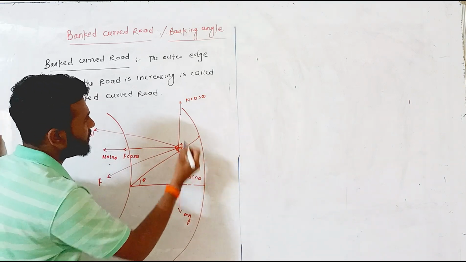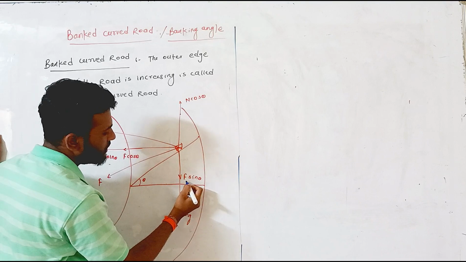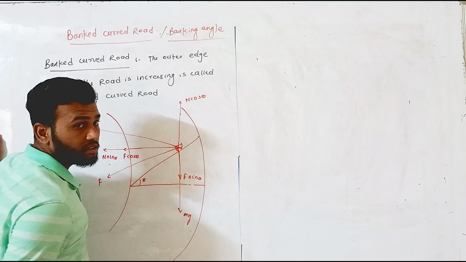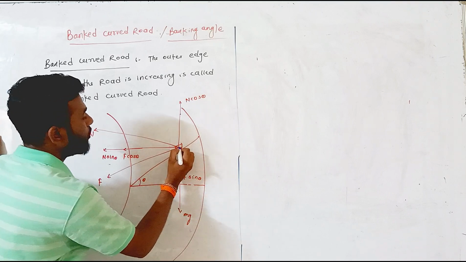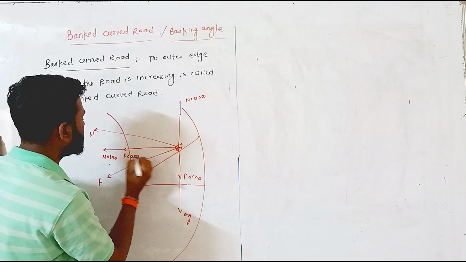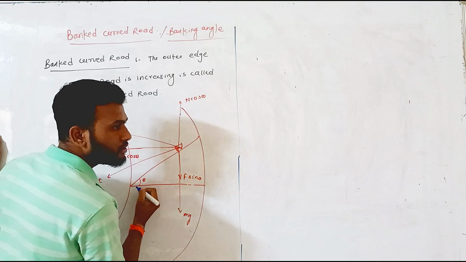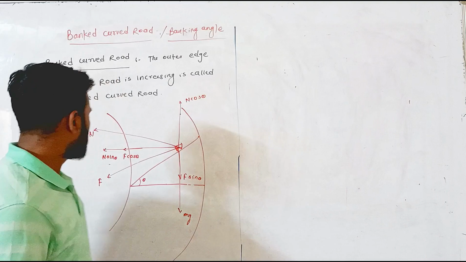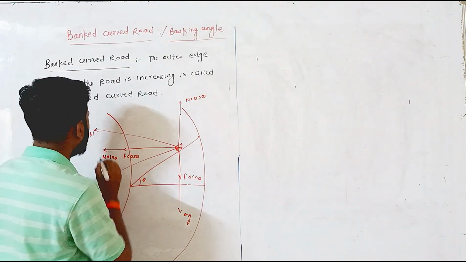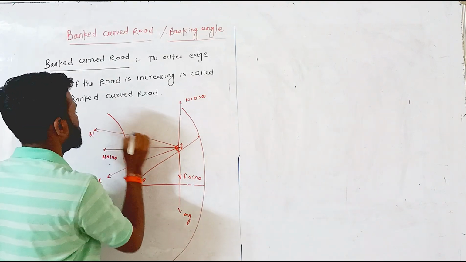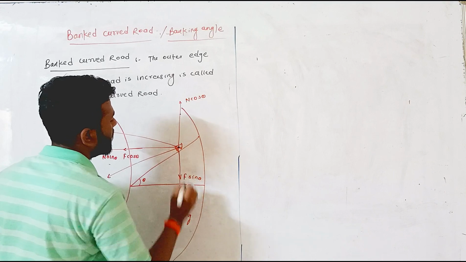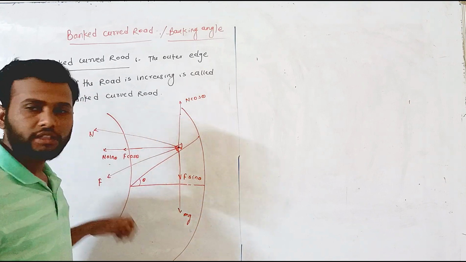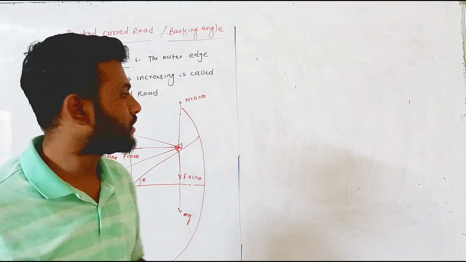The vertical components are F sin theta and N cos theta, and weight mg is vertically downward, and N cos theta is vertically upward. The horizontal components, N sin theta and F cos theta, provide centripetal force. This is the center of gravity of the vehicle, and this angle we call the banking angle.